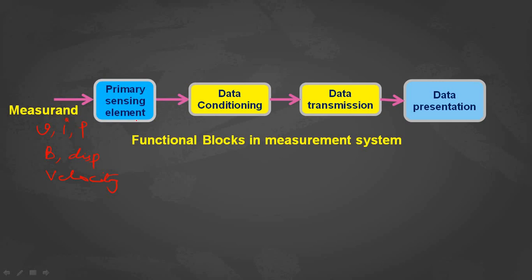For any instrument, the input device is the primary sensing element, which consists of a transducer, and there might also be a preamplifier. So the quality of the output depends upon the quality of the input, and the primary sensing element plays an important role in an instrument.